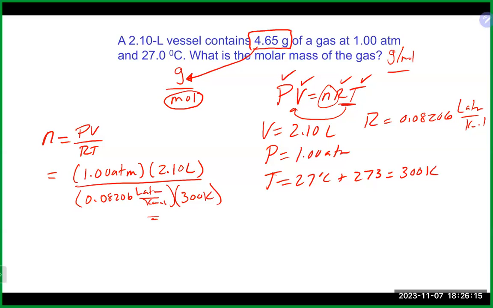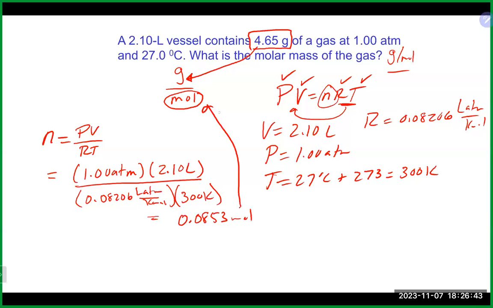And that will get us 1 times 2.1 divided by 0.08206 times 300. There you go. That's going to give us 0.0853 moles.